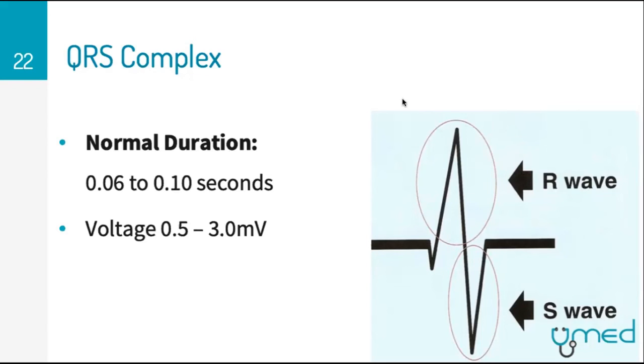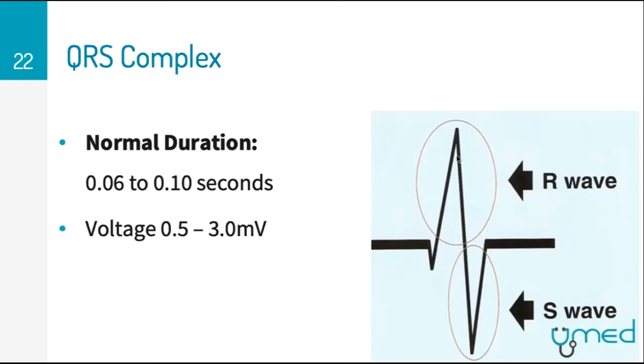And when we look at some leads, you're going to find that this QRS complex doesn't look so clear-cut and nice and pretty, right? I'm going to show you guys very shortly. You need to know the duration of this QRS complex. To be honest, it's kind of hard to show on screen, but I'll try my best.